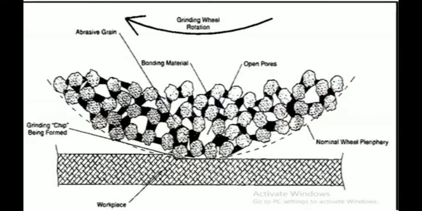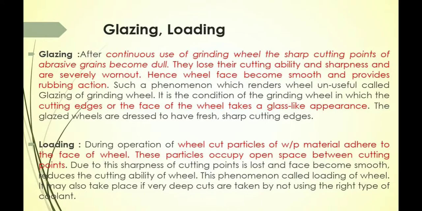If the grinding wheel becomes smooth, the sharp cutting edge becomes dull and loses its cutting ability. Due to the loss of cutting ability of the wheel, a rubbing action takes place. It cannot remove the material from the work, and that phenomenon is called loading of the grinding wheel.